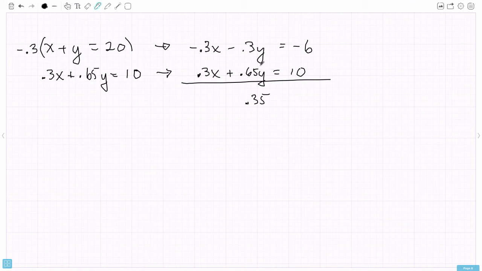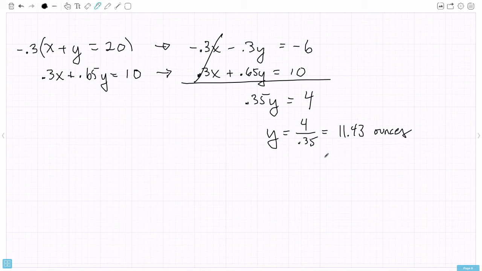Basically 0.65 minus 0.30. So 0.35y equals, well, I'm just adding, so I get 4. And over here when you add, they cancel. So y has to be 4 divided by 0.35. 4 divided by 0.35 is like 11.43 if you round off to 2 places, ounces.